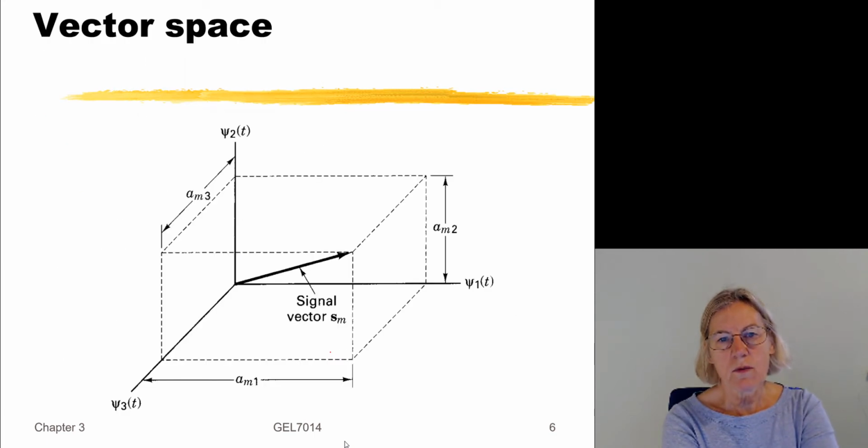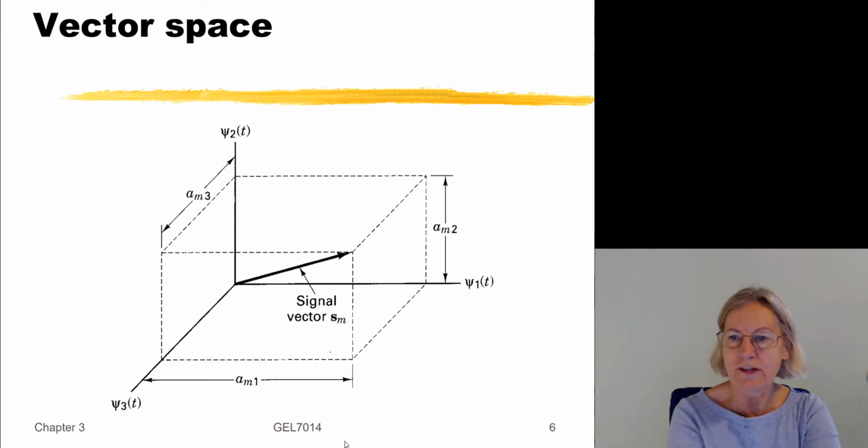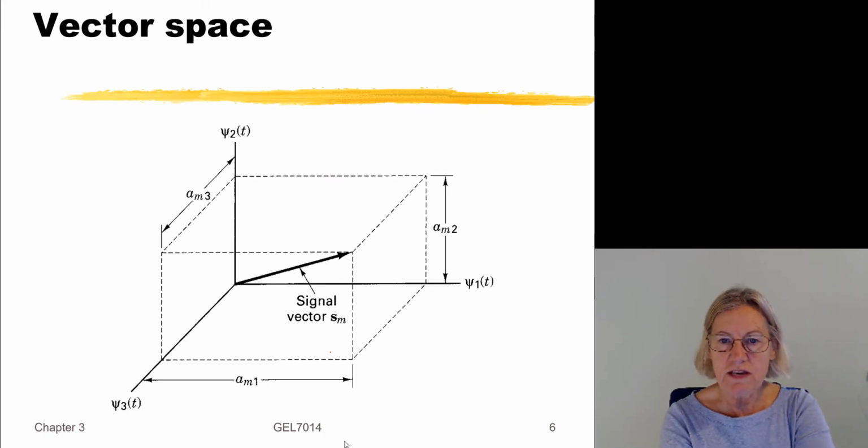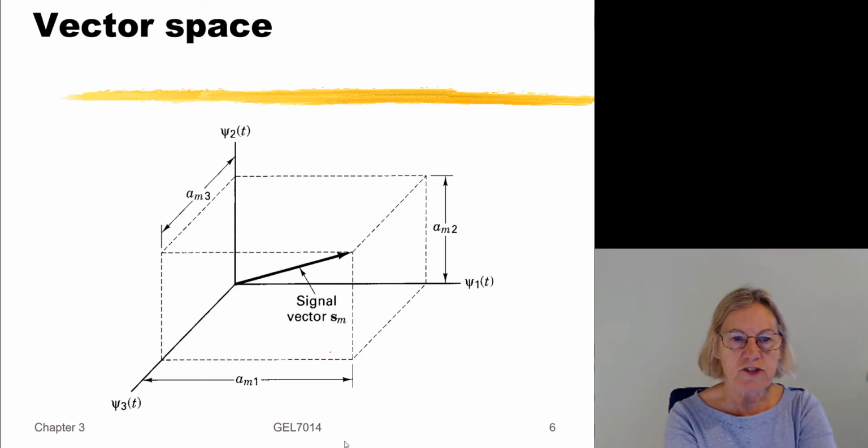So what is a vector space? You've studied it before university, at university. So you've seen vector spaces in many forms. The most common vector space that we deal with is the three-dimensional vector space, such as the one that's shown here. And vector spaces are defined by different characteristics.